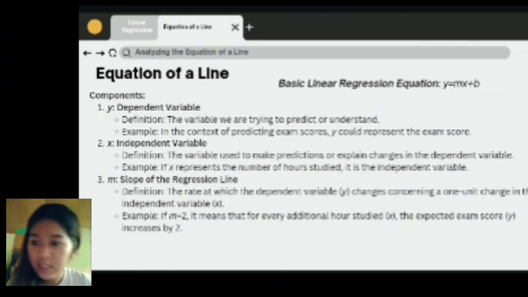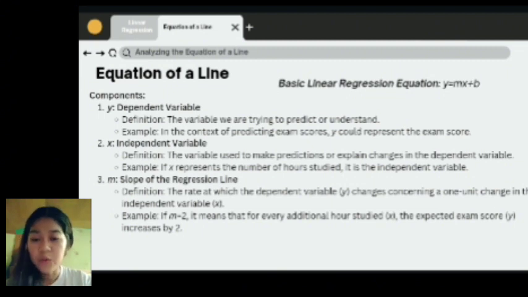And next we have x, the independent variable: the variable used to make predictions or explain changes in the dependent variable. For example, if x represents the number of hours studied, it is the independent variable.